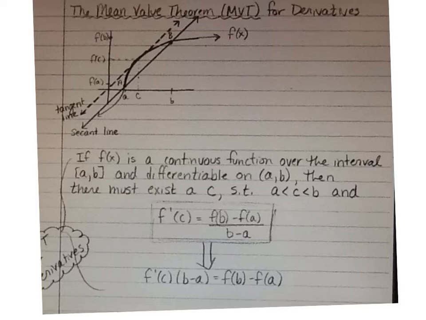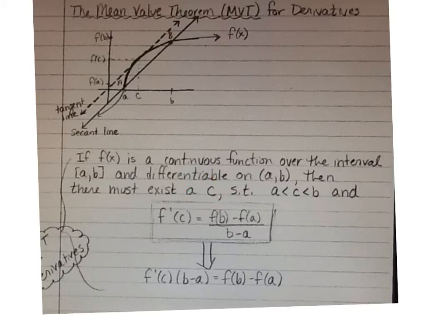And all the mean value theorem says is what is down here. It says that if you have a function f of x and it is a continuous function over a given closed interval and it's a differentiable function, so you can take the derivative and evaluate it over an open interval, the same open interval as the closed interval, so using a and b as the endpoints, then there must exist a c.